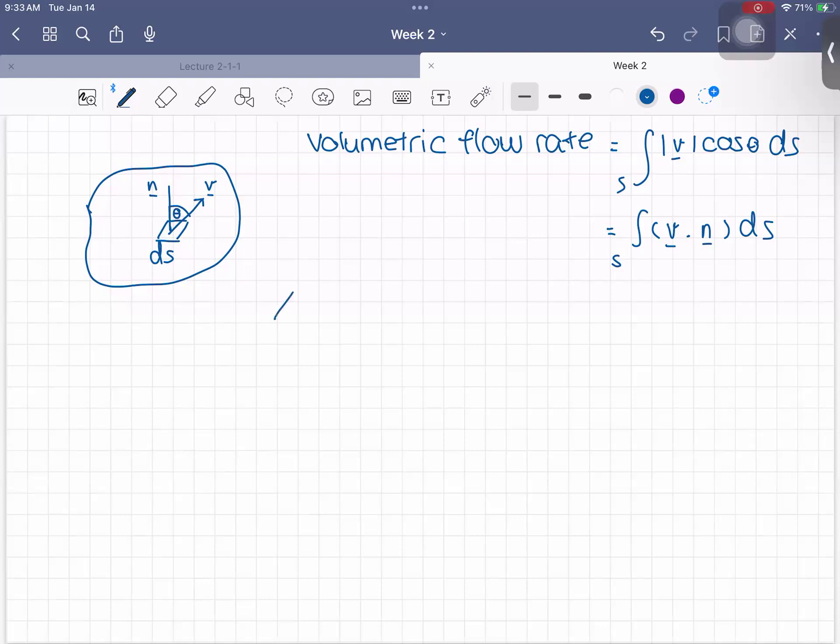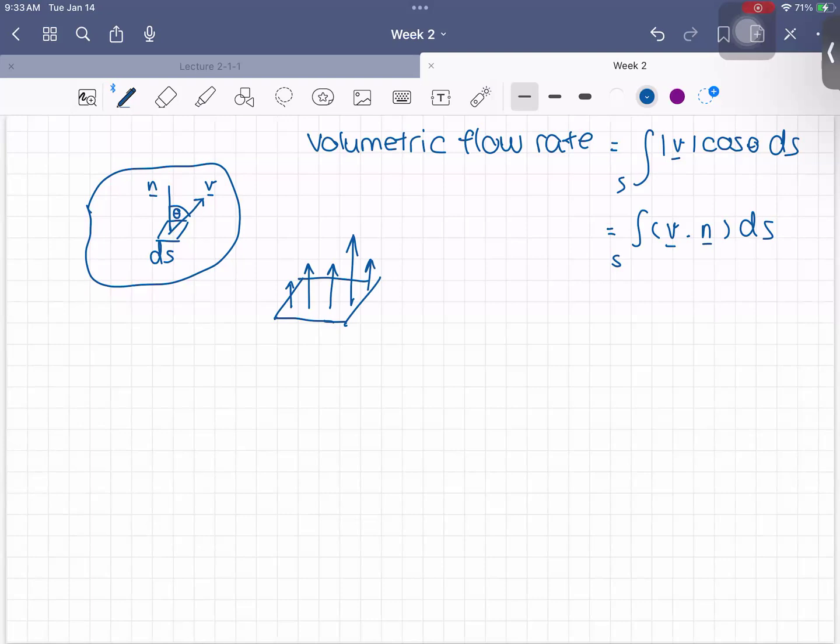So if I zoom in on the small area dS right here, there could be any flux coming in and coming out. For example, it's coming out, right? So the flux that's coming out here can be of any size, okay? It can be small or big, or vary.